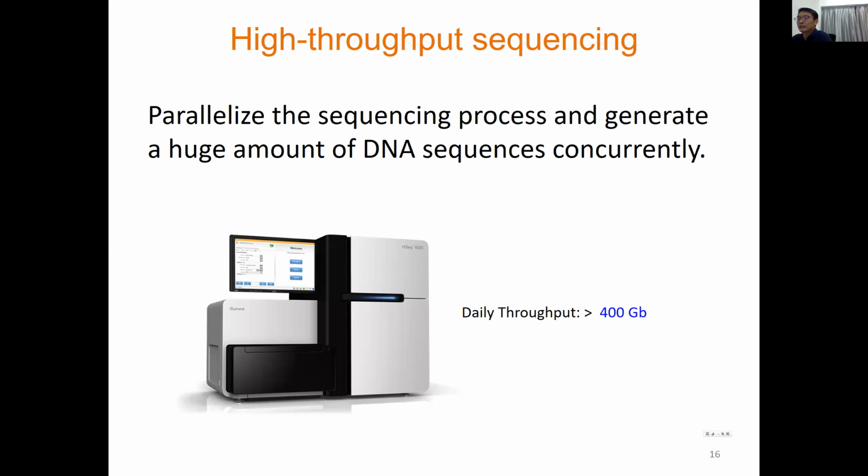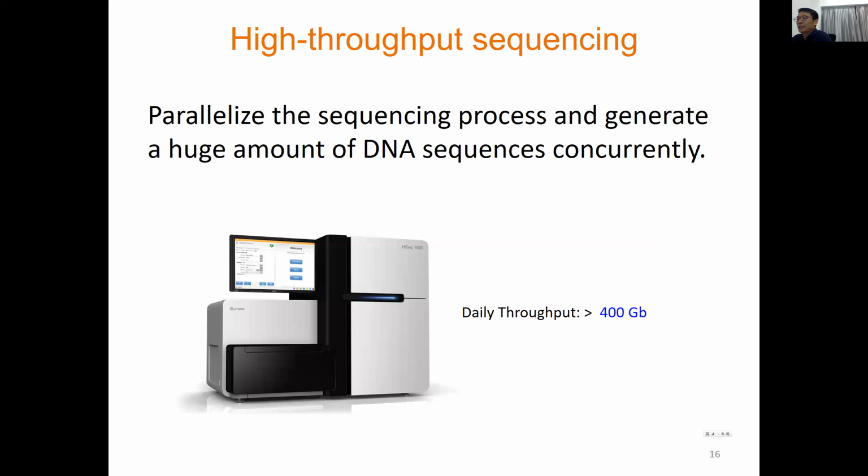Therefore, the data analysis of metagenomic sequencing cannot be done on our personal computer, and usually we need to use some very powerful computer. The requirement for memory, hard disk and CPU is very high for high throughput sequencing data analysis.